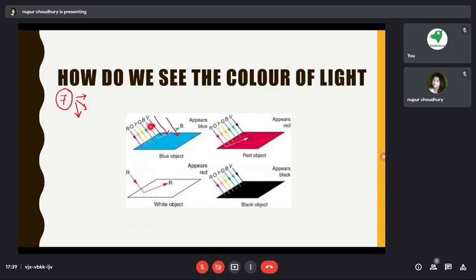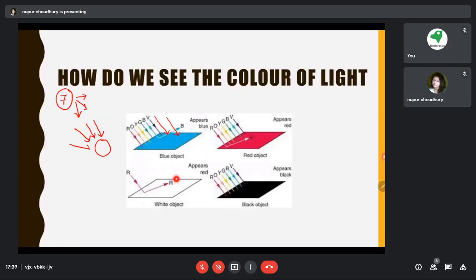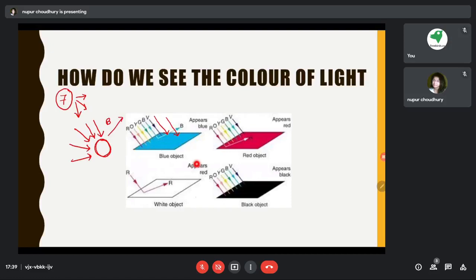Now let us consider a ball, and all these different colors of light will be incident on this ball. If it is reflecting the blue color and absorbing the other colors, that means this ball will appear to be blue in color.